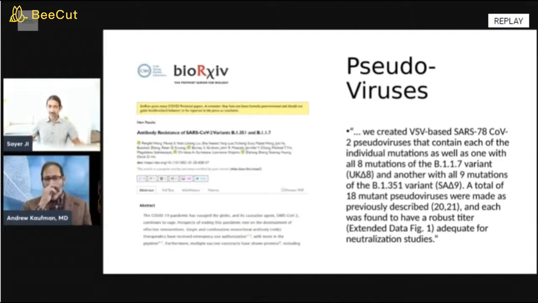So what they did here is they took what they think is this animal virus, which is just these particles. Somehow they removed the material that was inside them and replaced it with a spike protein gene that they synthesized in the lab artificially, but it matched the variant sequence, right? And they call that a pseudovirus.